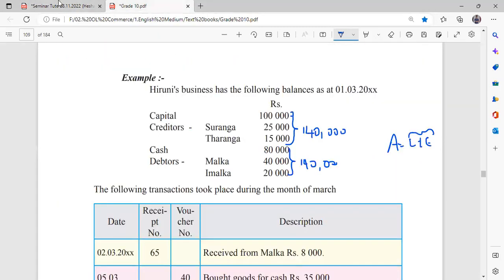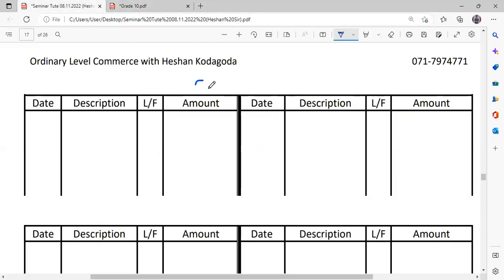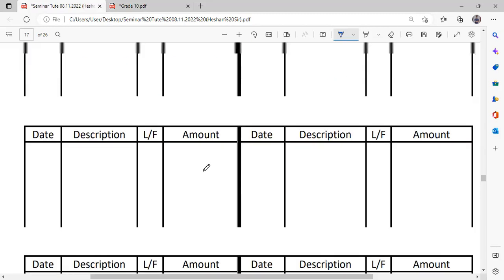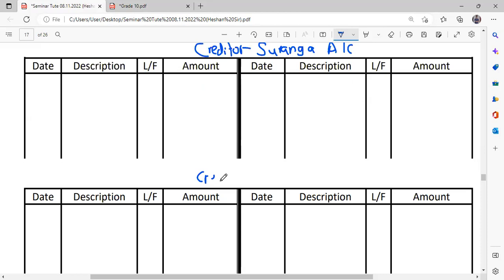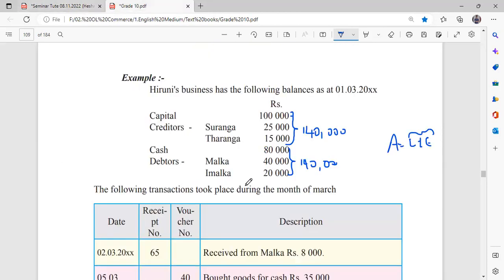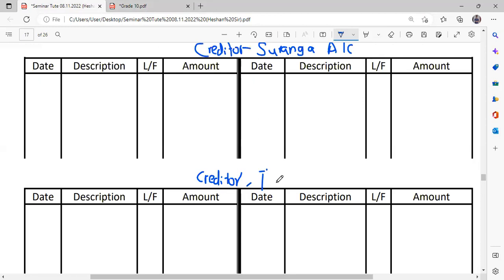This is creditor Surang, and this is creditor Tarang.